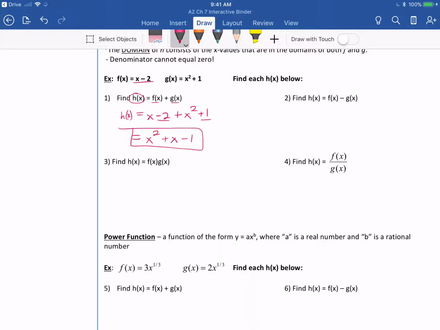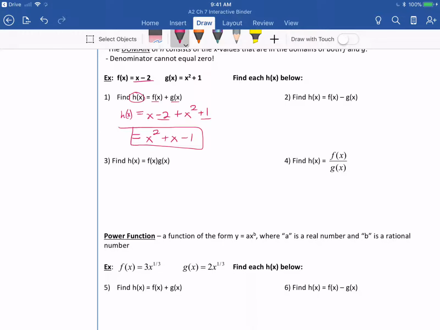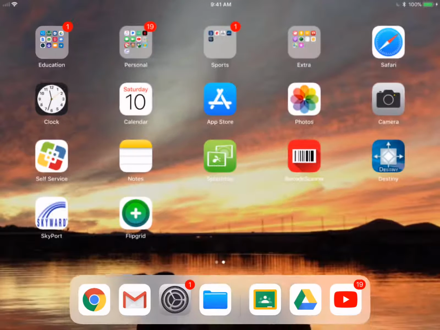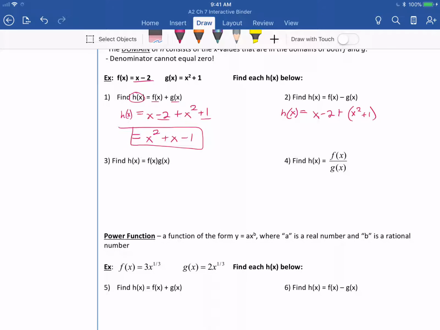All right, so now this one is subtracting, which is a little bit tougher. So I have h of x is equal to my f of x, which is x minus 2, minus, and don't forget you do need the parentheses here because I'm subtracting this whole polynomial. And don't forget that instead of subtracting, we like to add the opposite of both these guys.